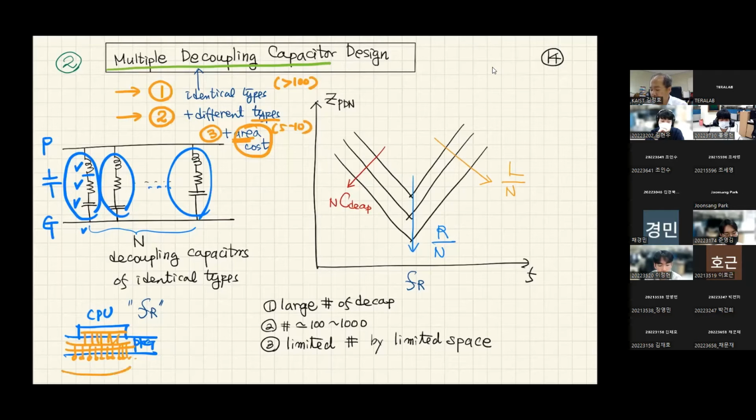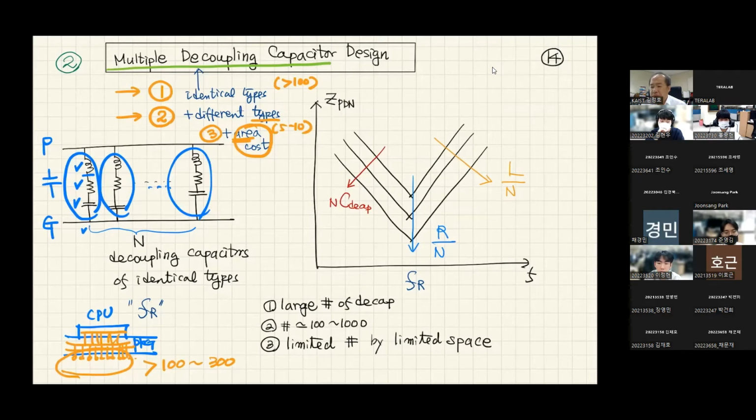The number of decoupling capacitors I usually see is maybe 100 or 300. Now I'm trying to explain the principles and why they put so many decoupling capacitors on the backside of the CPU package. Of course, inside the CPU, they also have multiple small size decoupling capacitors.